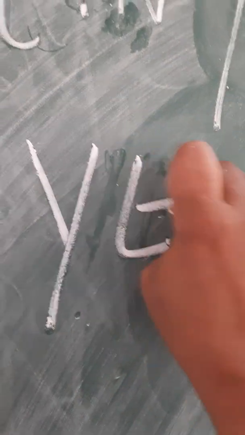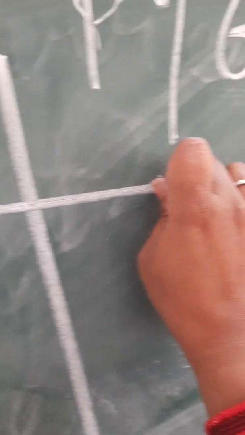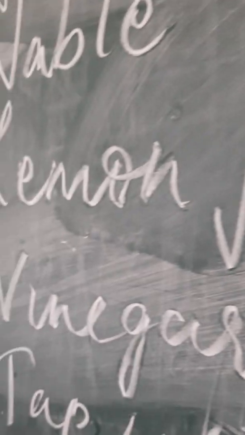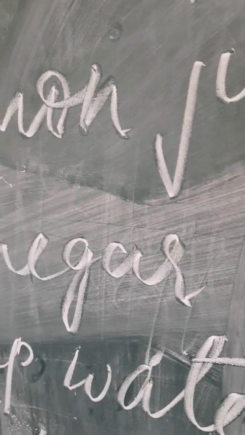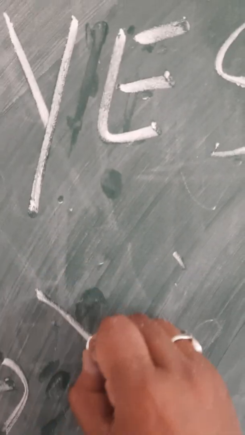So let's start. First, lemon juice. Yes, we will see the deflection. If it is yes, it means it is a good conductor. Next, vinegar. Your answer has to be yes.